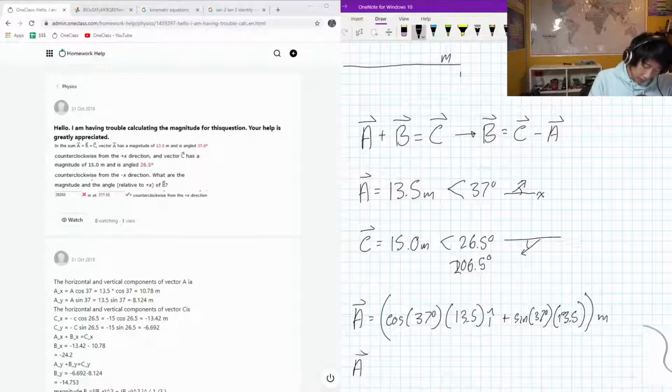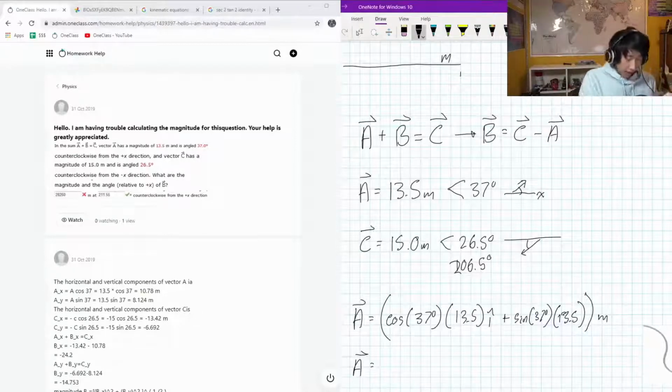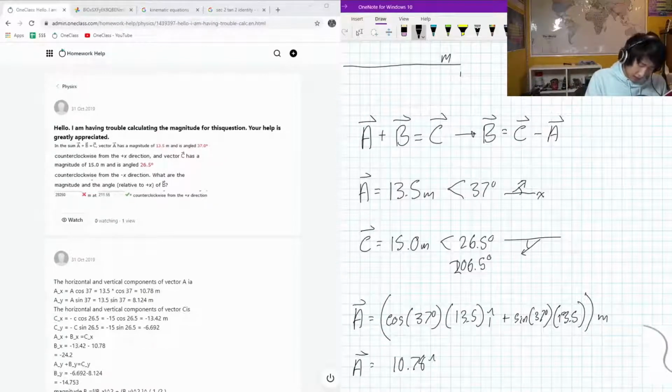And to get numerical values, let's calculate that fast. Cos 37 times 13.5, I got 10.78i, and then the same thing with sine 37 times 13.5, I got plus 8.12 in the j direction, all meters.